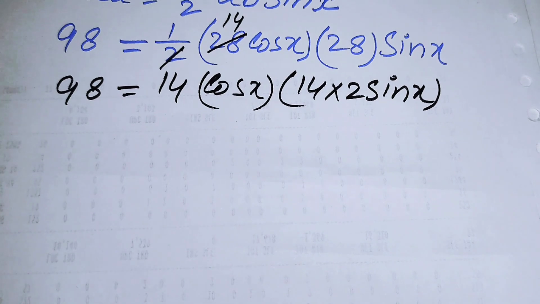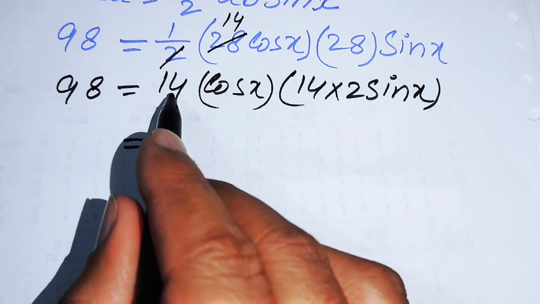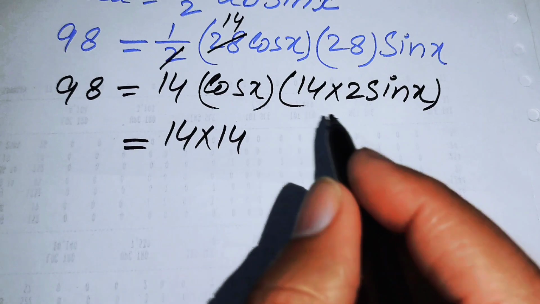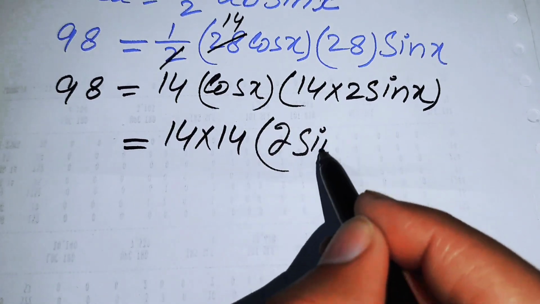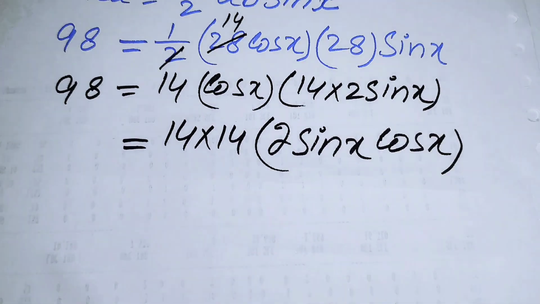And now we will just rearrange the terms, and we write this as 14 times 14, and in this form you get 2 times sine of the angle x into cosine of the angle x.